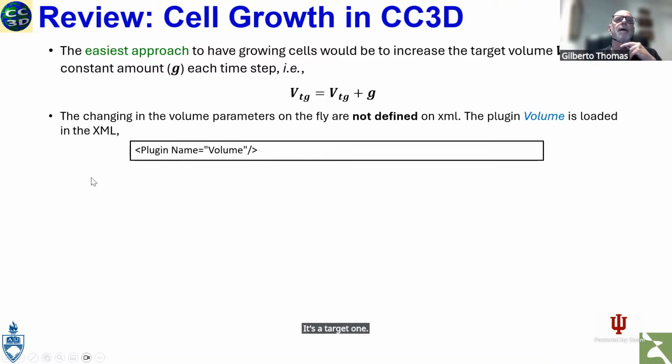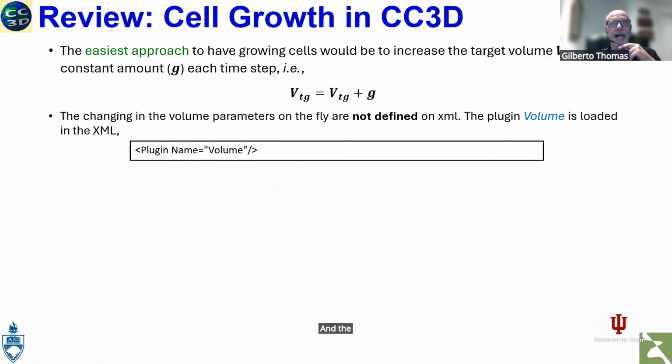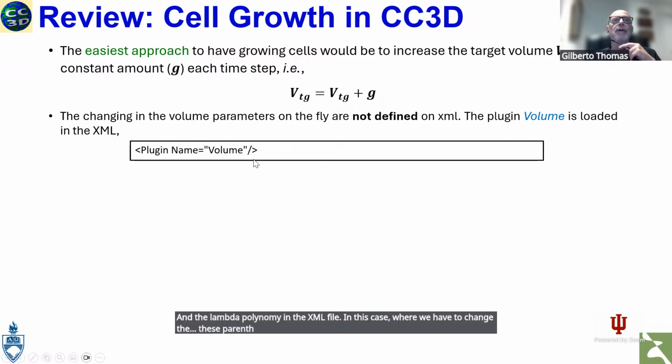The thing is, differently from the previous lectures where we defined the target volume and the lambda volume in the XML file, in this case, where we have to change these parameters, we are not going to do that in the XML file.